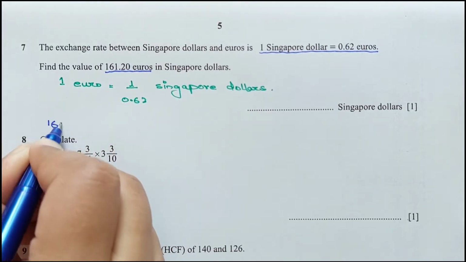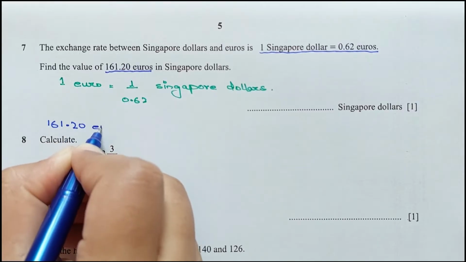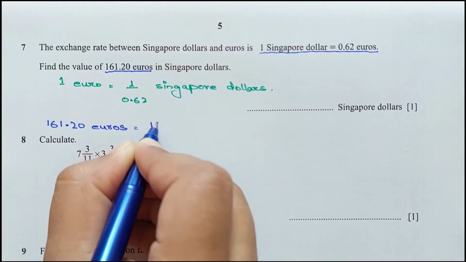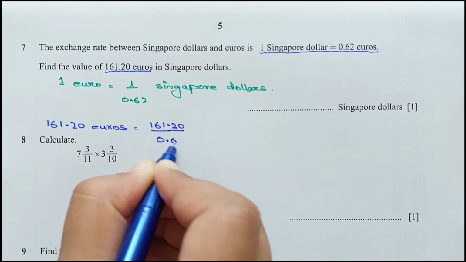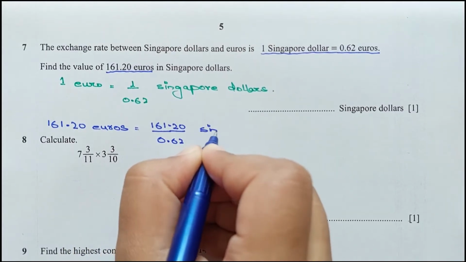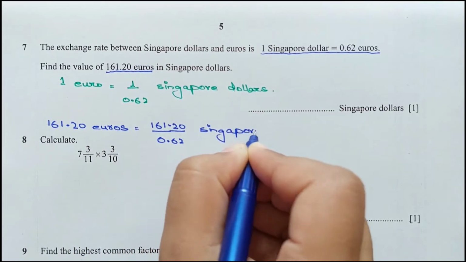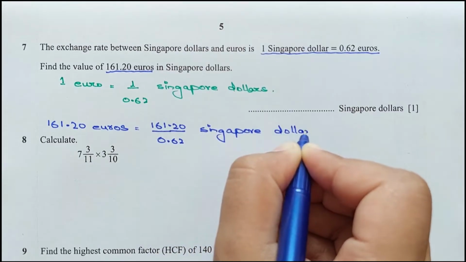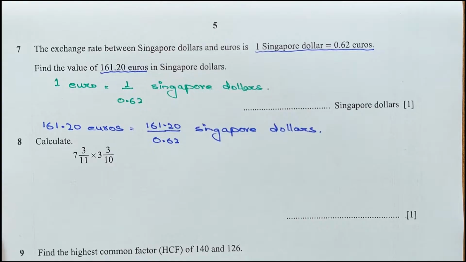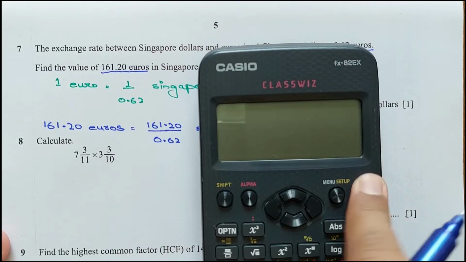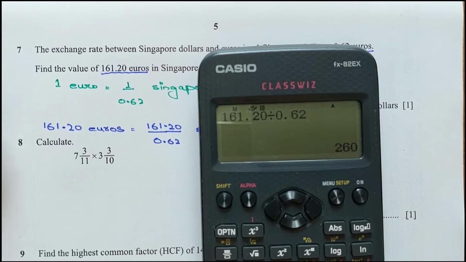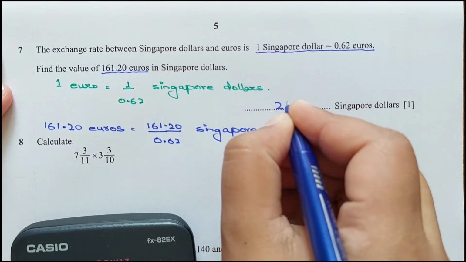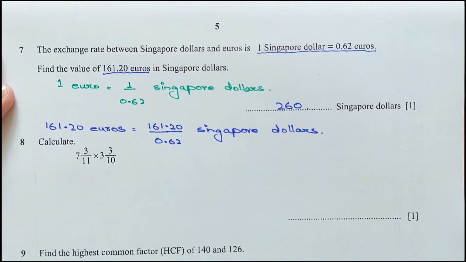So 1 times 161.60 euros is going to be 161.60 over 0.62 Singapore dollars. All right. Let me simplify this. So this is 161.60 divided by 0.62, which is 260 Singapore dollars. 260.